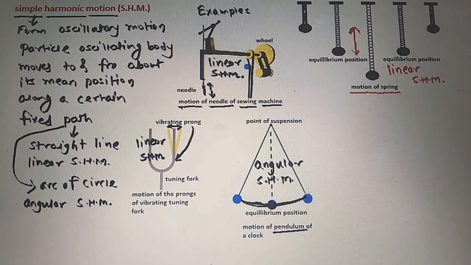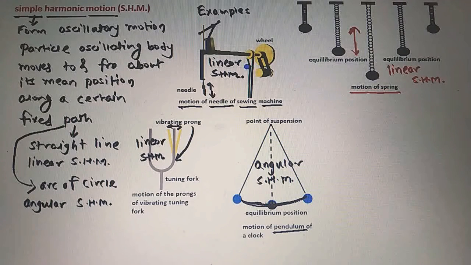Why? Because the pendulum moves to and fro about its mean position along a path that is an arc of a circle. So the motion of the pendulum of a clock is an example of angular simple harmonic motion.